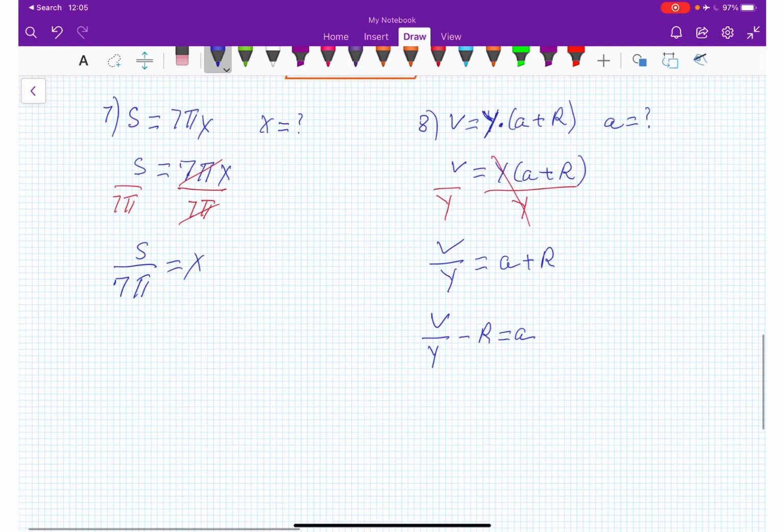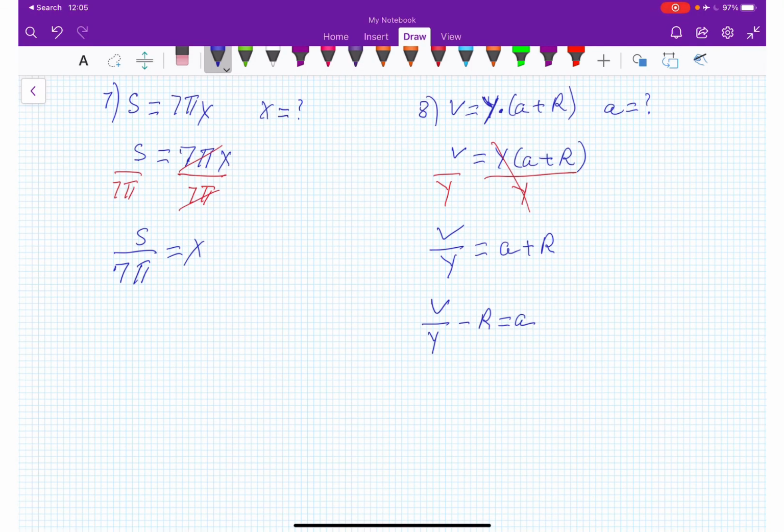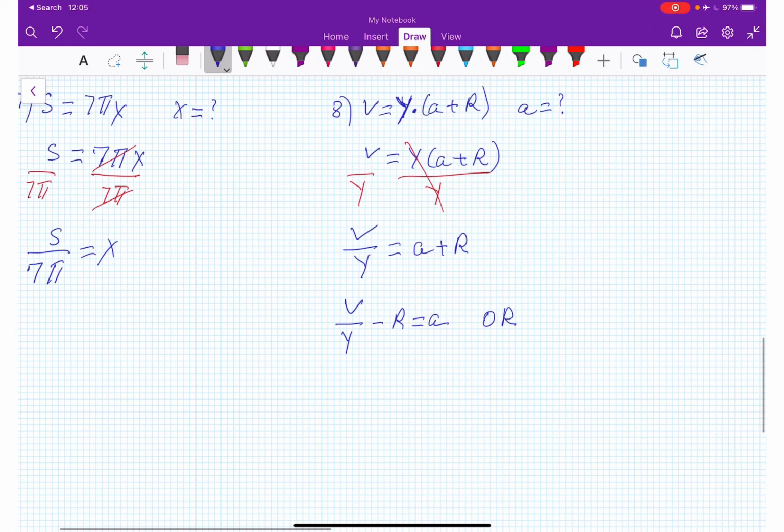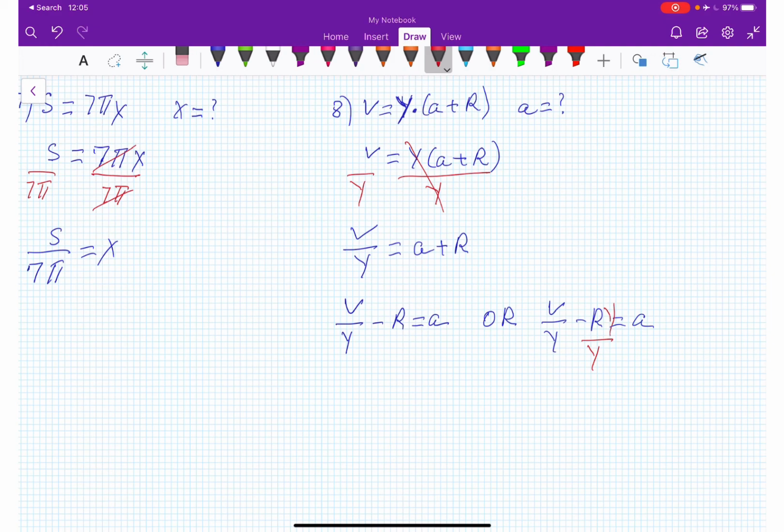All right, and if we want to bring to a common denominator, we can write it the following way. V over y minus r is equal to a. Bringing to the same denominator, y: divide here by y, multiply here by y.